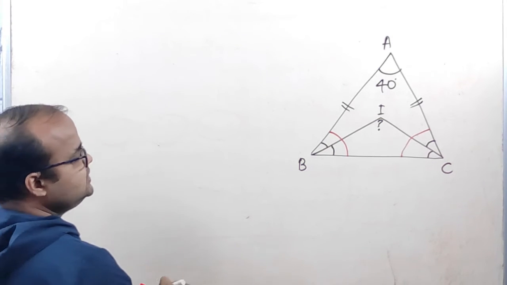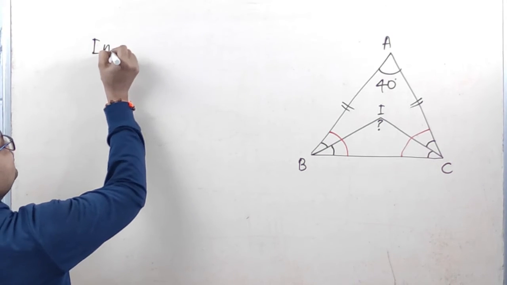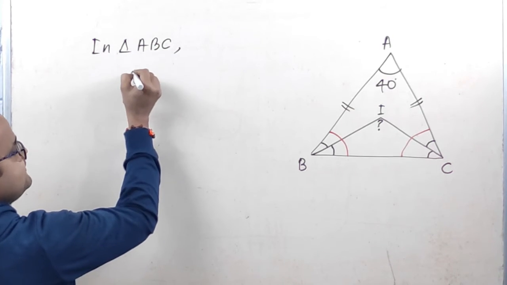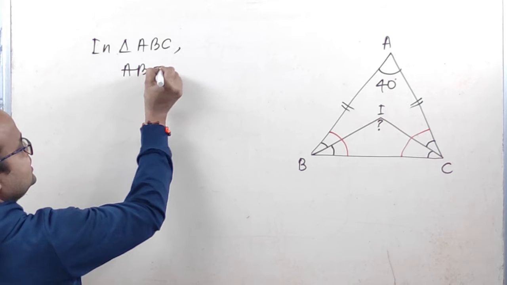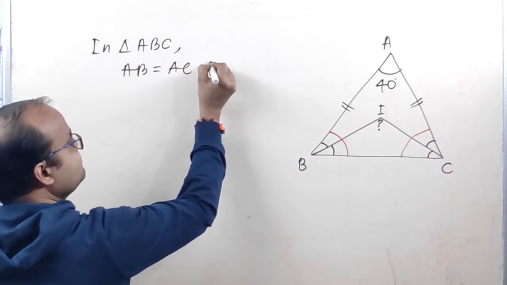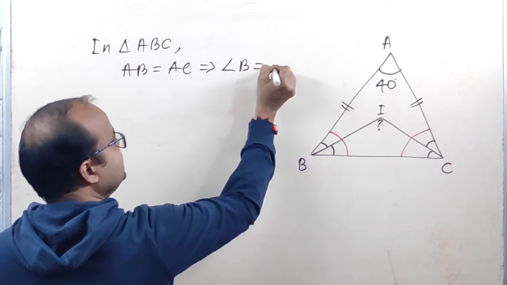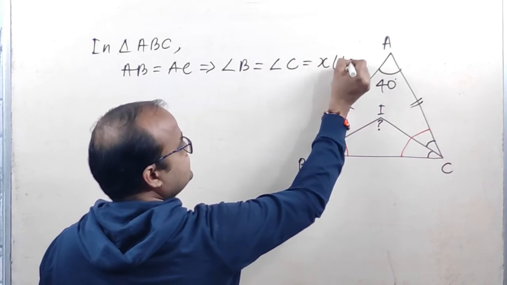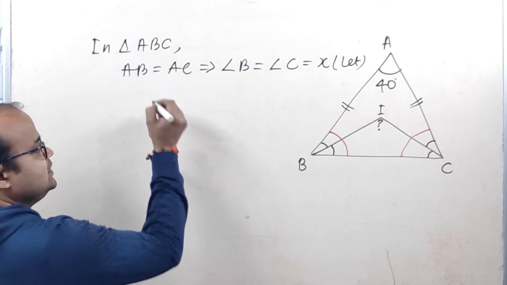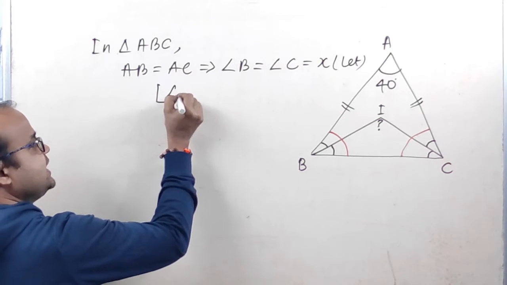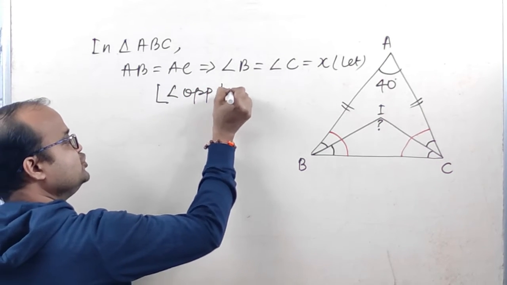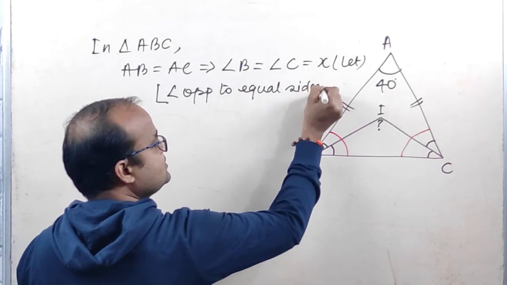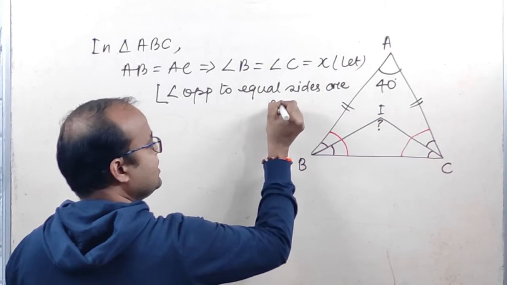So we write in triangle ABC, AB equals to AC implies angle B equals to angle C, and we consider the angle as X. Let, and the reason is angles opposite to equal sides are equal.